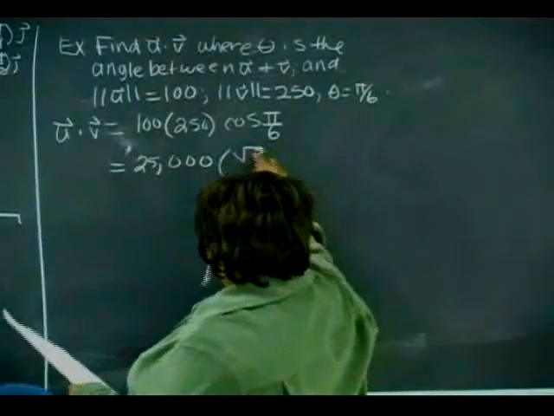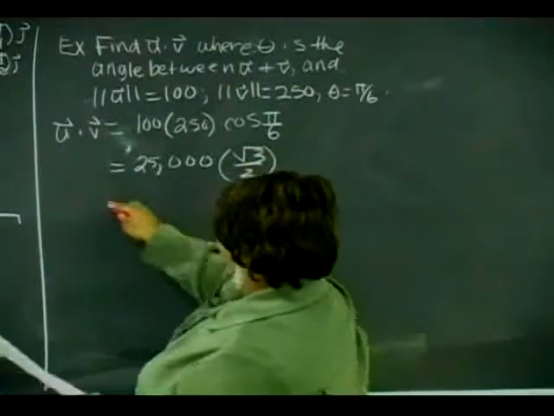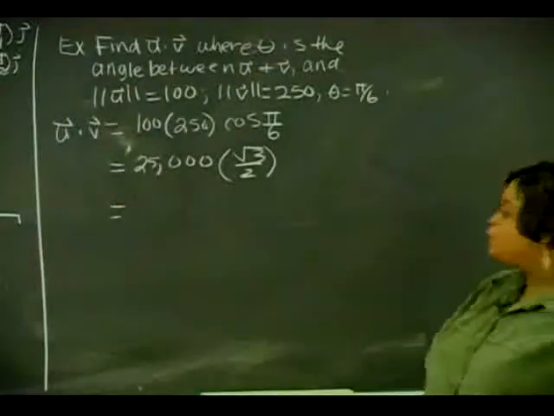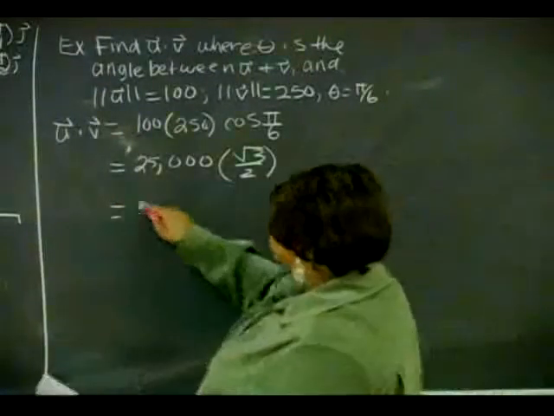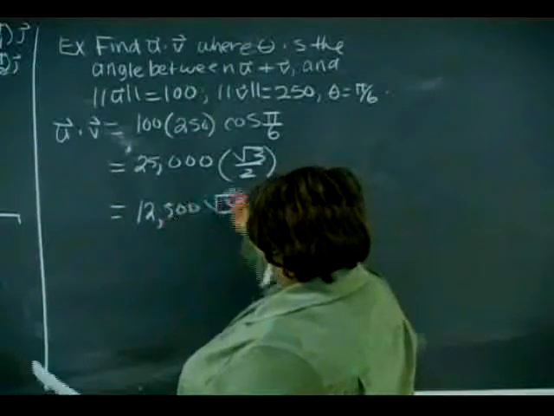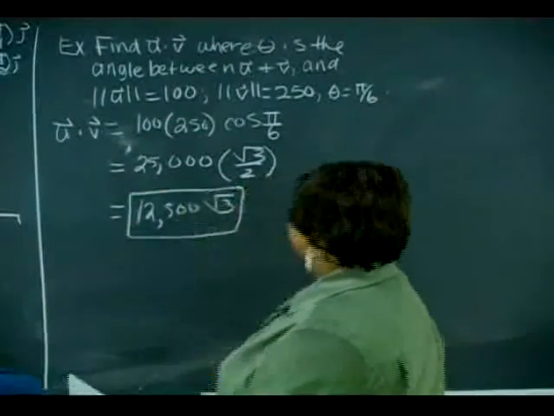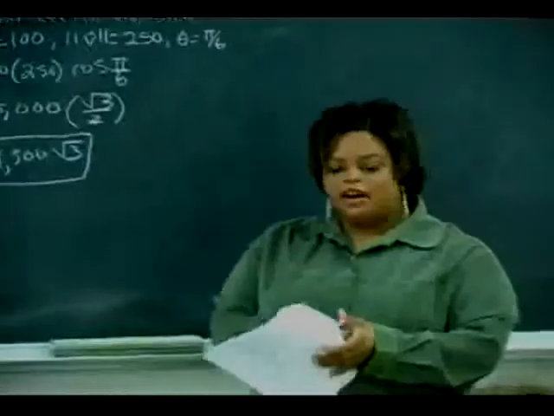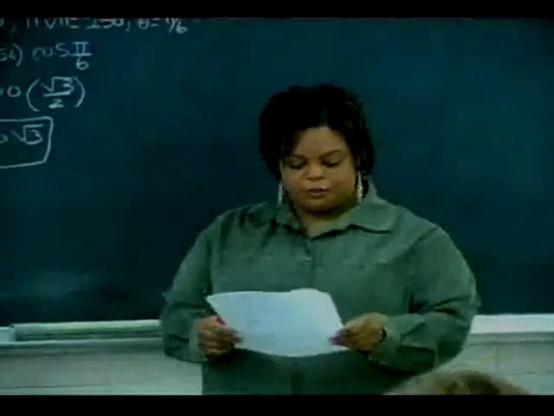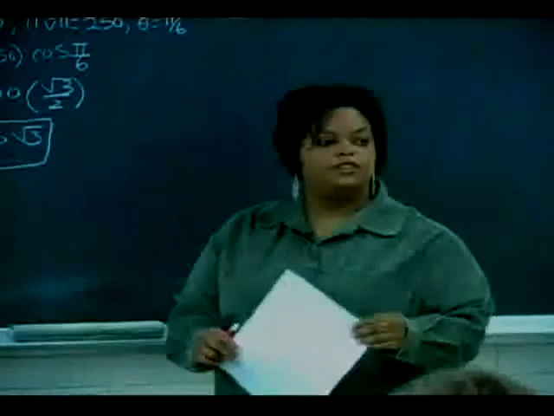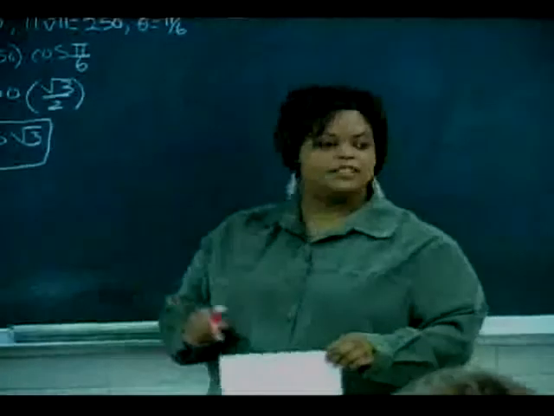Cosine pi over 6 is square root of 3 over 2 from our unit circle. So 2 goes into 25,000 12,500 times the square root of 3. So here, all of our information was pretty much what? Given. And they just wanted us to use the alternative form for the dot product.